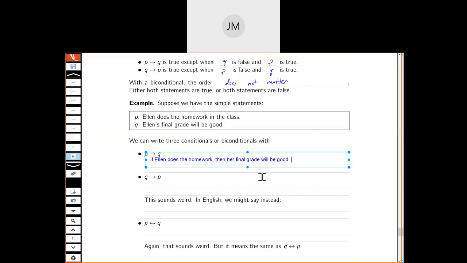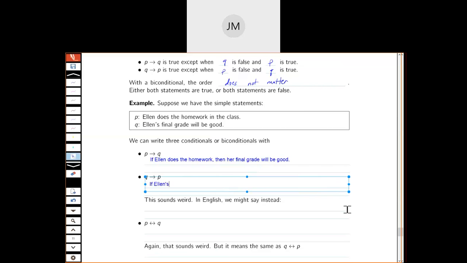When I have the order reversed, if I say if Q then P, what we mean is, if I wanted to be very strict about things, I would say if Ellen's final grade will be good, then she does the homework. And that sounds kind of strange.